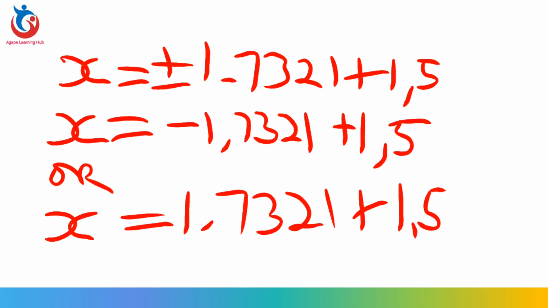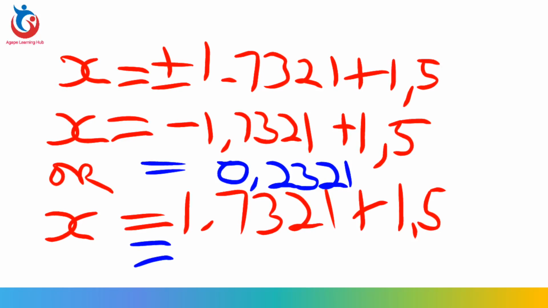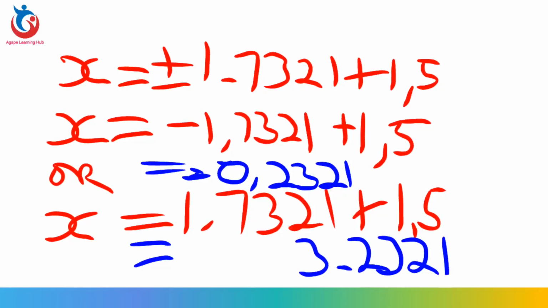So in this sense, x is equal to negative 0.2321, and in this regard, that's 3.2321.